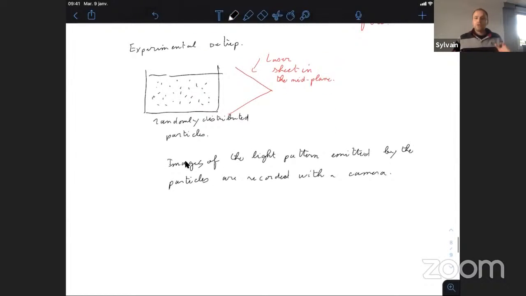And when you compare two successive images, you get an estimation of the displacement of the light pattern, which is an estimation of the 2D velocity in a 2D plane.